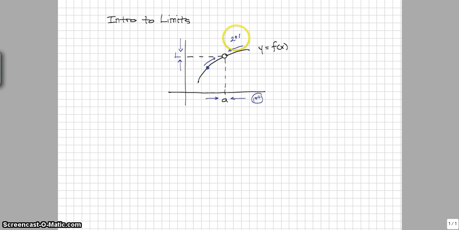And second, we're noticing that points are moving along our curve towards some specific place. And finally, third, we're discovering that there's some specific output value that we're approaching as a result.